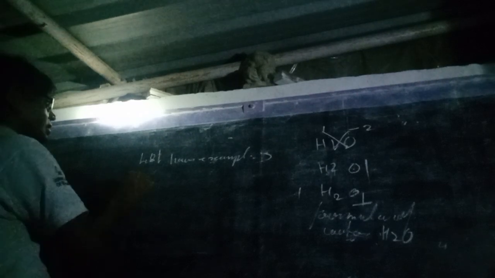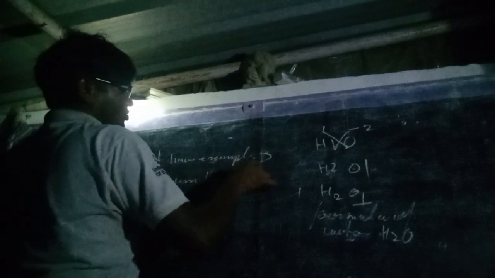For the third example, we will take sodium hydroxide. Sodium stands for Na, and hydroxide stands for OH.